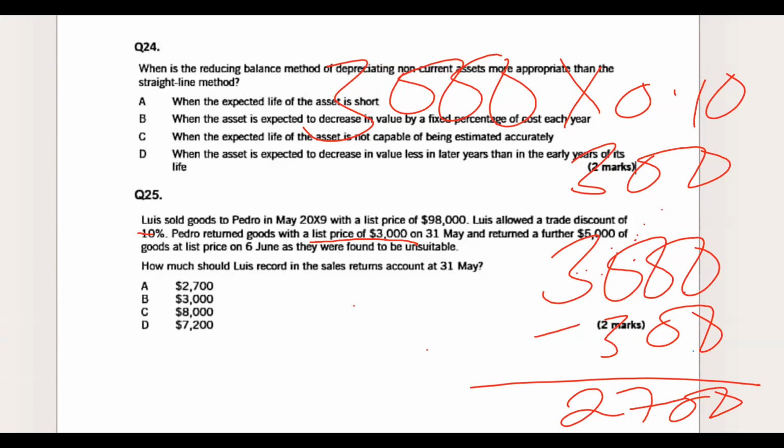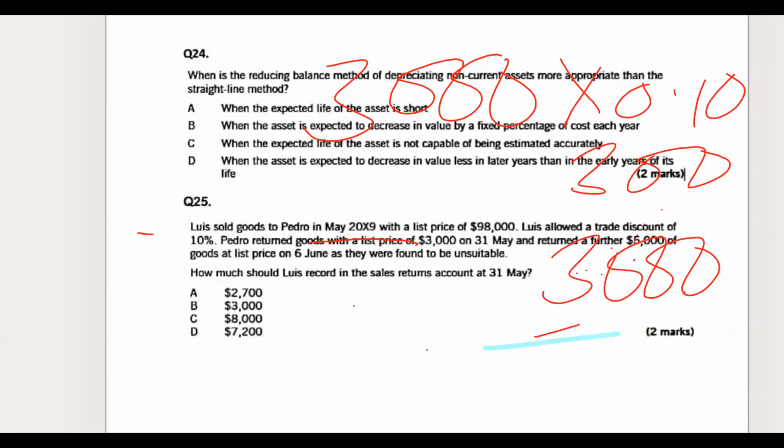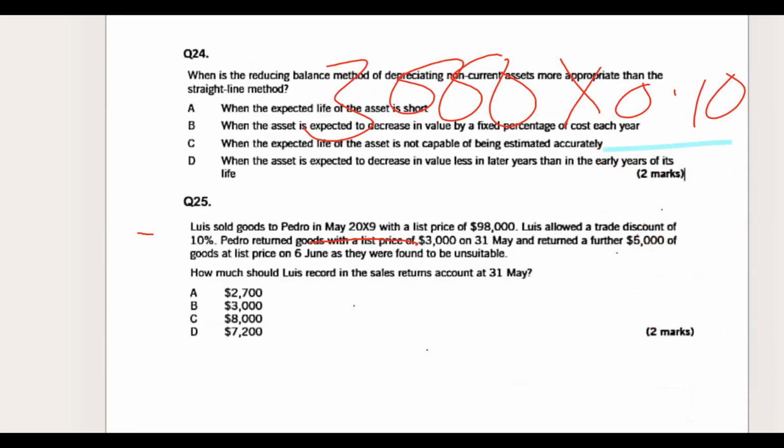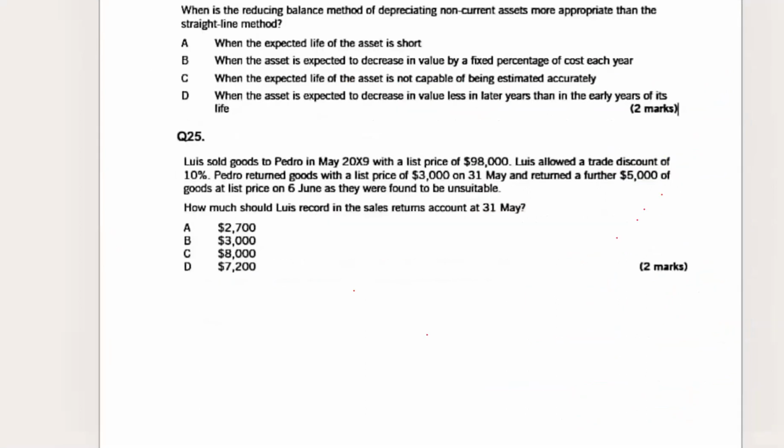When we talk about a list price, it's never inclusive of the discount. So if the person is getting it at the list price, it means there is no discount that should be added. Therefore, you should remove the discount. So the keyword was list price.